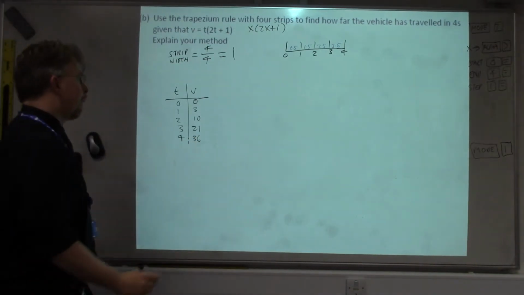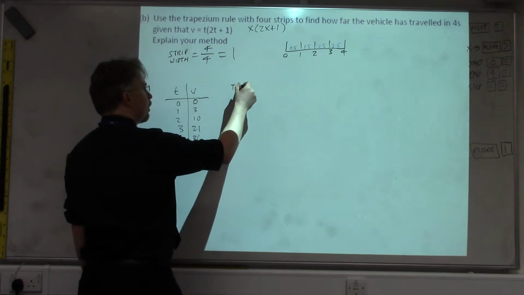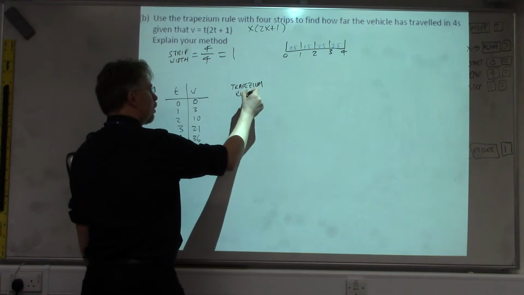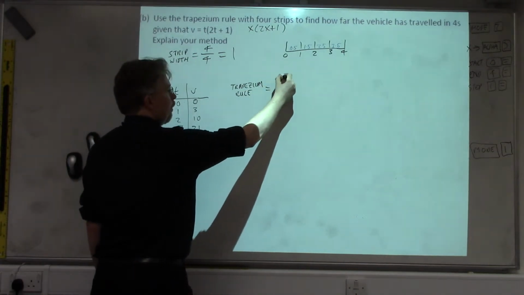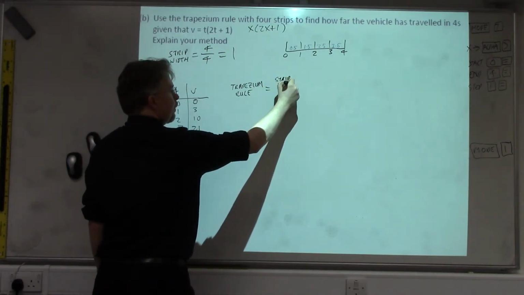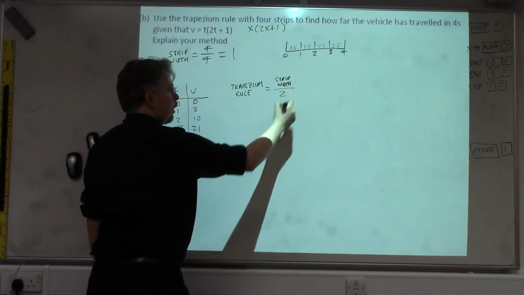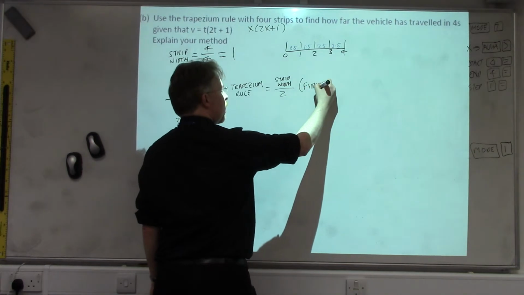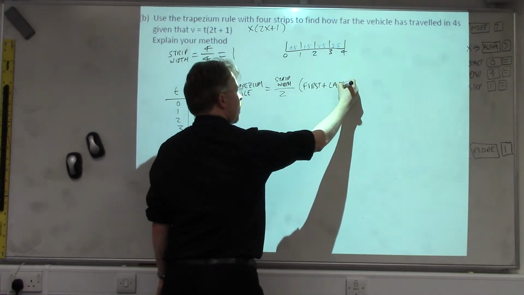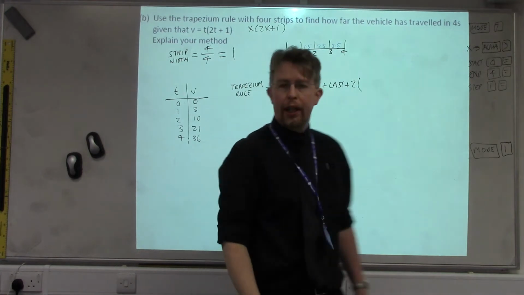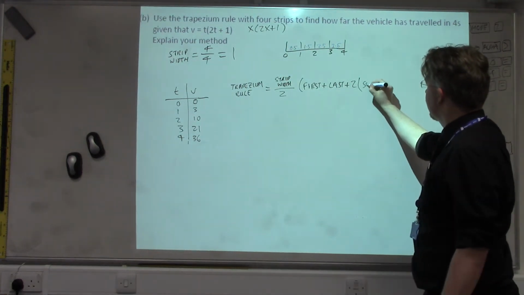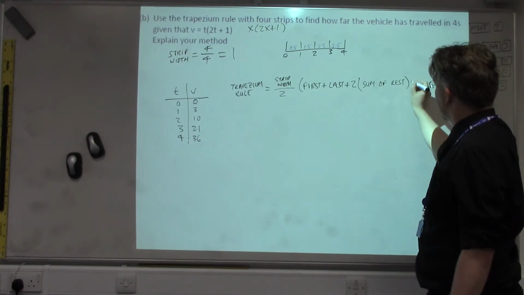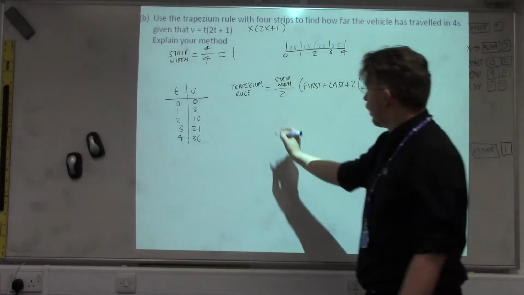We then apply the formula, so the trapezium rule equals strip width divided by 2, open bracket, first plus last, plus 2 times, open bracket, sum of the rest, close bracket.